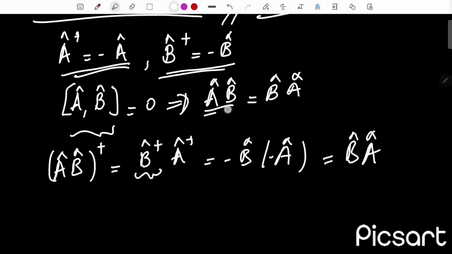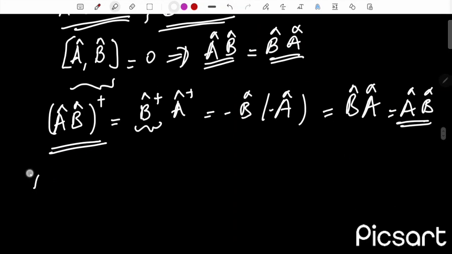But if you remember, a times b is equal to b times a. This means that b times a is equal to a times b, and then we get a times b.